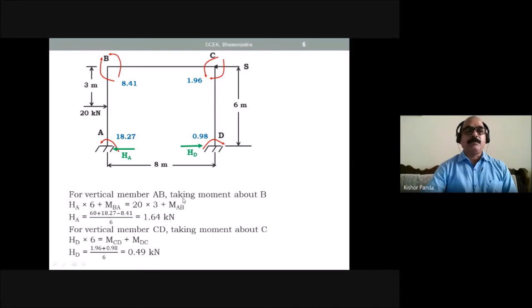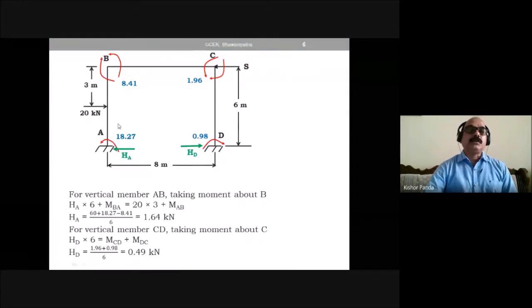So for vertical member AB, taking moment about B, you have to find out HA. When you take the moment about B, this horizontal reaction is rotating clockwise, and MBA is also given clockwise.